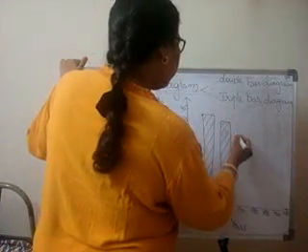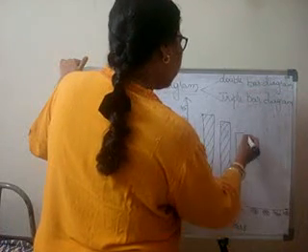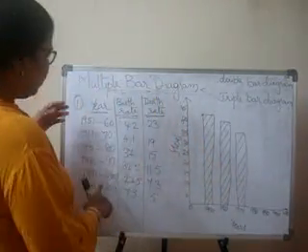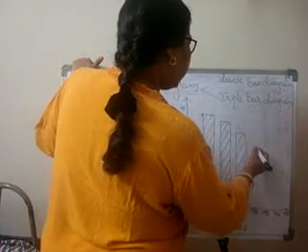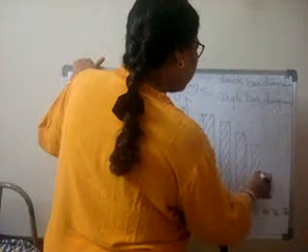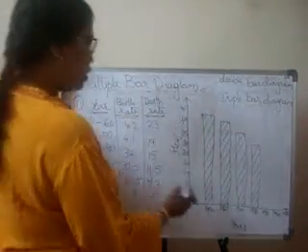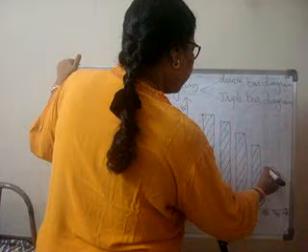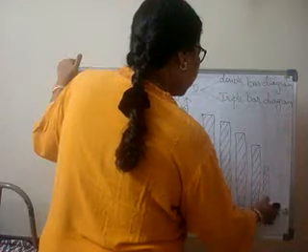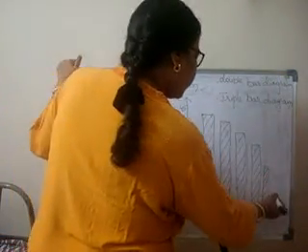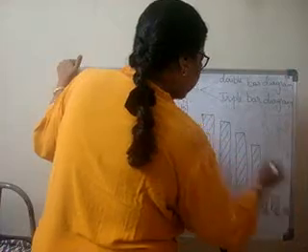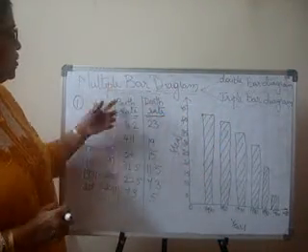37. And then 32.5. 22.5. And then 7.3. Now these are the birth rates which is given here.